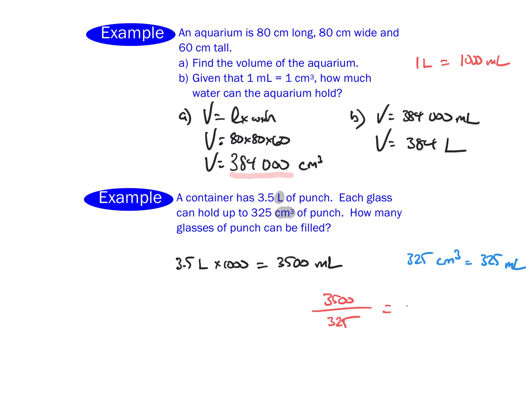And we're going to get 10.76923 and so on. The question says how many glasses of punch can be filled. If we assume that we're talking about full glasses, we would say there are 10 full glasses. And that's it for that.